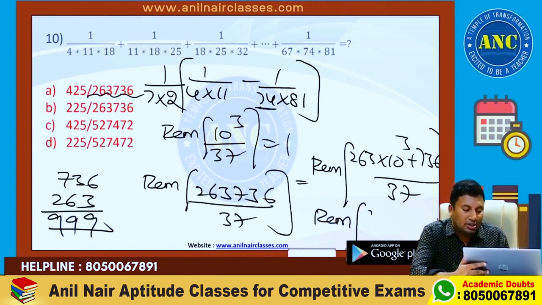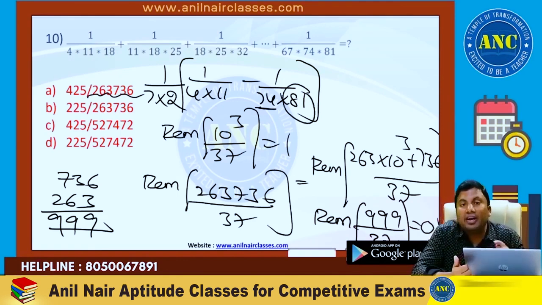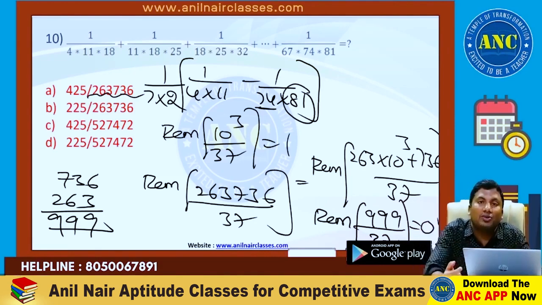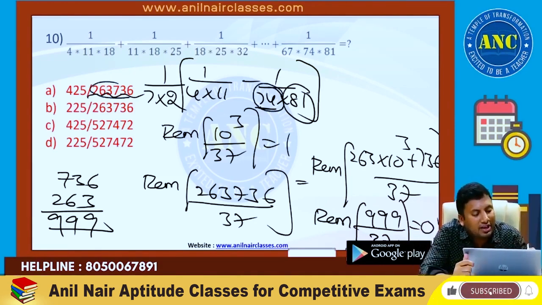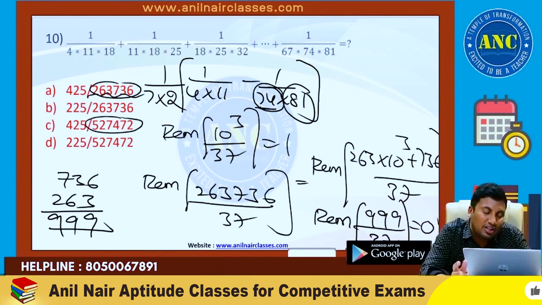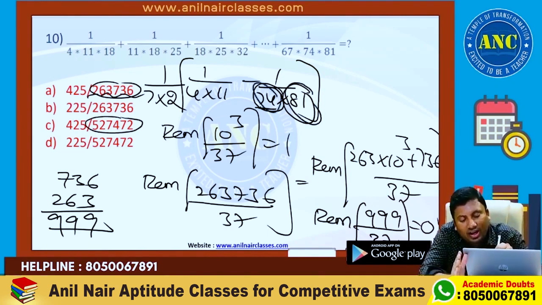So 999 is nothing but 37 into 27, sir. That means for 81 it is 9 square, answer should be divisible by 9. If it is not working, because there are 3 numerical values in the denominator, you can go for the next one, 74. Obviously, it is divisible, it is nothing but the next multiple of 736. That means if you are stuck with this, you can go ahead and check with this.